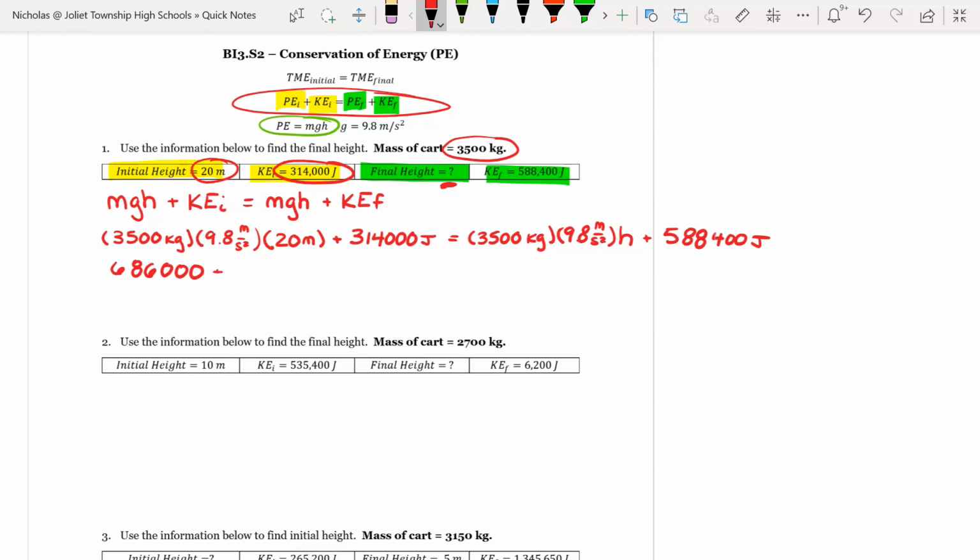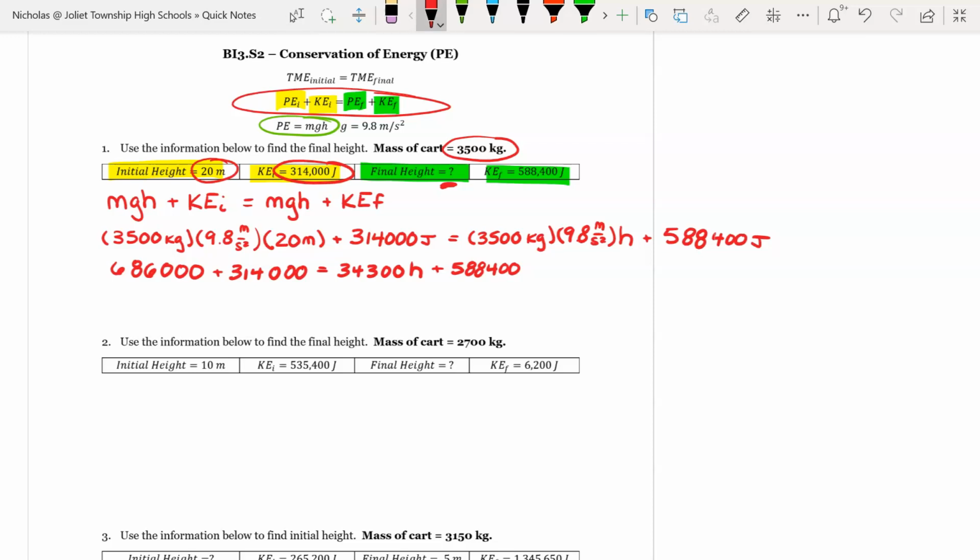686,000 plus the 314, and we will set that equal to 3,500 times 9.8, which is 34,300, multiplied by h, plus the 588,400.